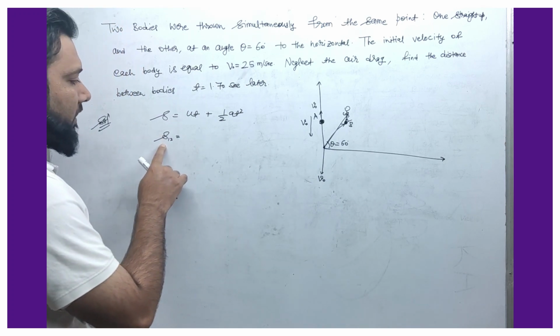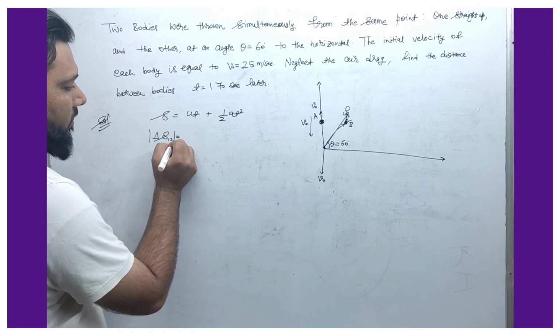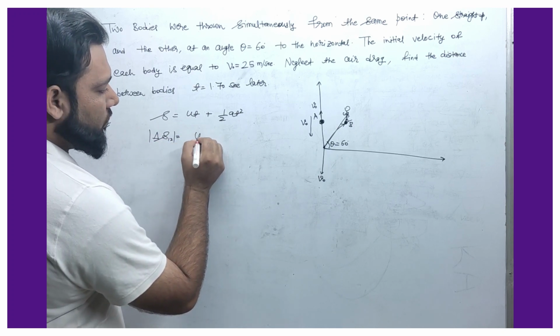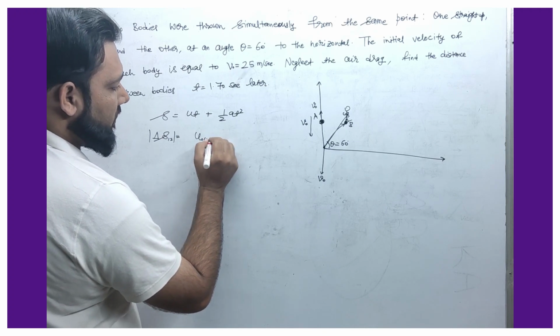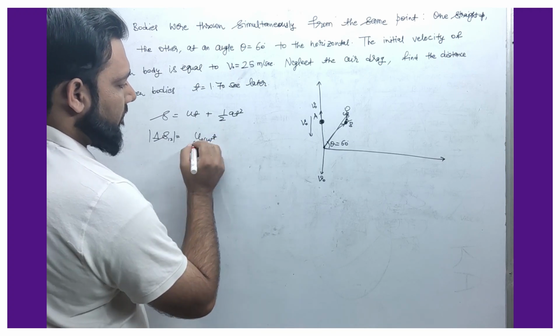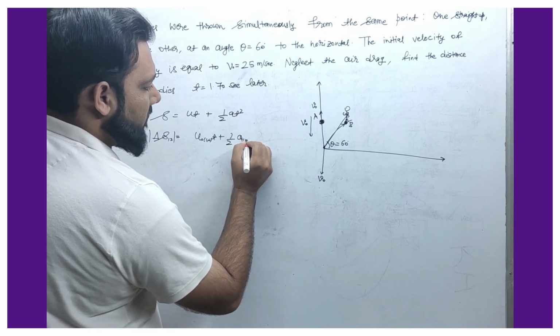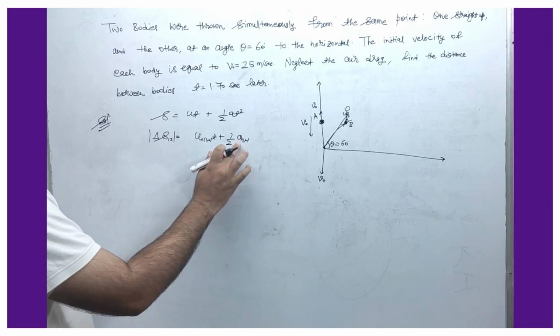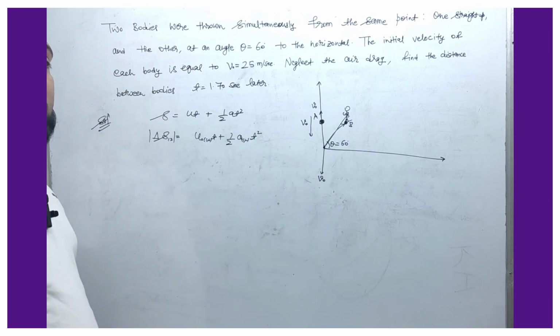Here this is the displacement, and that equals the initial velocity times time plus half the relative acceleration times time square. Is it okay guys up to here?